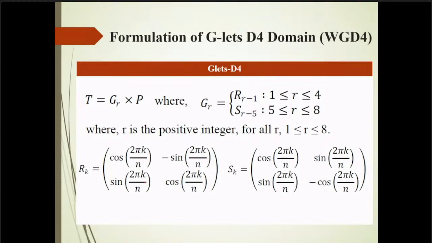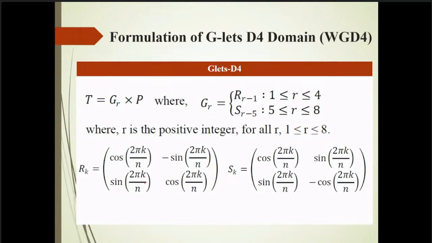One is the reflection coefficient, another one is your rotation coefficient, R and S. These two components together will reconstruct the image. Here image transformation is not a simple transformation using an equation, it is using the rotation and reflection, because it's a symmetric group.